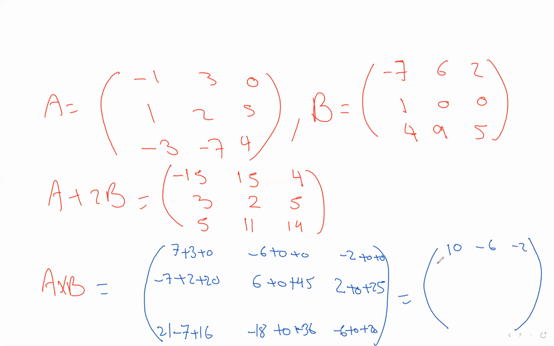Then negative 5 makes 15, 51, 27. Check the answers with me, okay? 21 minus 7 is 14 plus 16 is 30, I think. Negative 18 becomes plus 18, negative 6 plus 14.